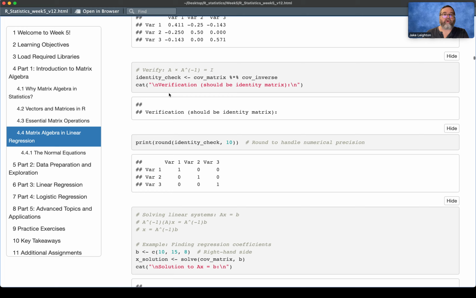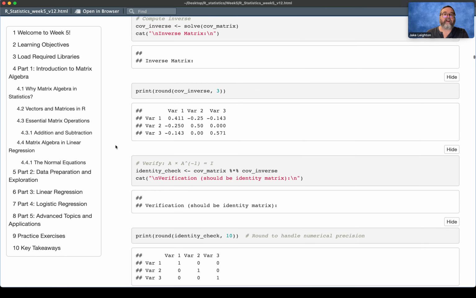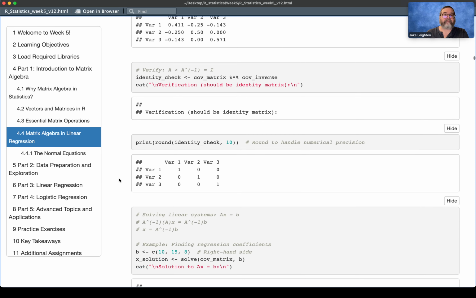So here we have our matrix A times, or dot product, sorry, you need the dot product to multiply it. Your covariance matrix dot product times your inverse gives you the identity matrix. If we see here, our covariance matrix dot product times its inverse gives us that identity matrix, which is simply ones along the middle. So we got exactly what we would expect there.